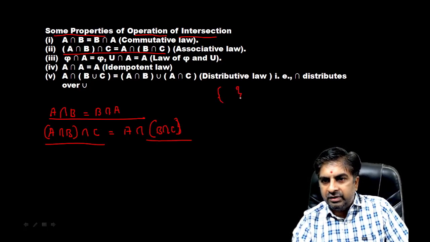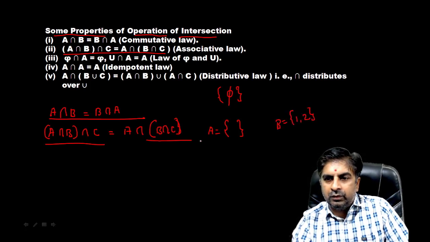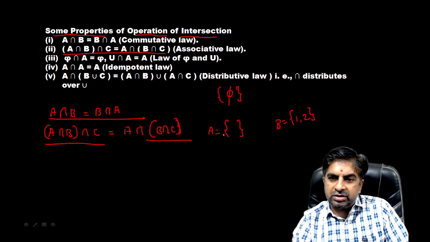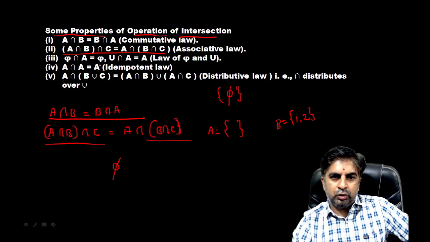If you have a null set, nothing is there, or empty, you can say, and this is your set A, and if I say set B, that is having 1 and 2, nothing is common, so you can call this disjoint set also, or directly you can say null set is the answer, nothing is common. We can call that disjoint also, and A intersection A will be A only.